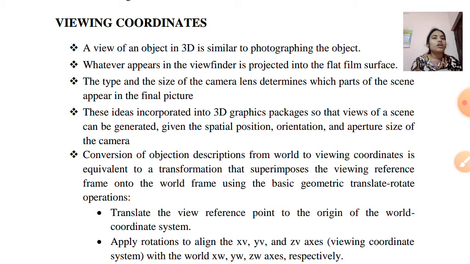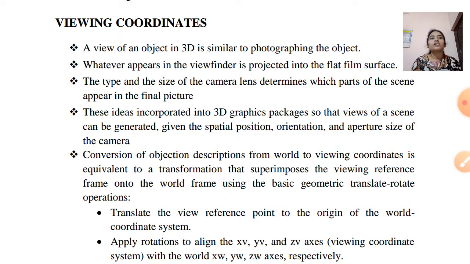Then the conversion of object description from world coordinate to viewing coordinate is equivalent to the transformation that superimposes the viewing reference frame onto the world frame using the basic geometric translate or rotate operations.